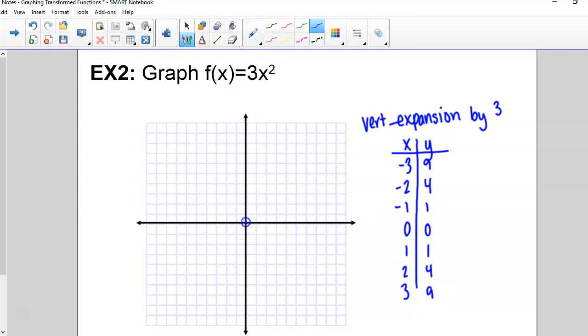Those are just those parent graph points that I started with for the last problem because we're still dealing with a quadratic. The reason that I still wrote that table, even though we should be getting that in our head and not having to write it every time, is because for expansions and compressions, I find it really helpful.